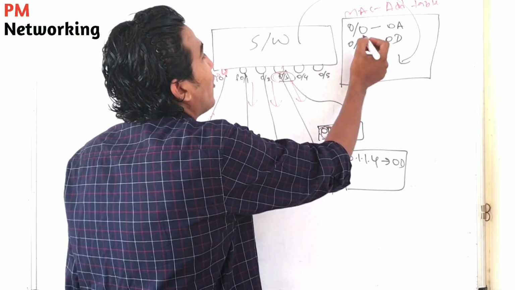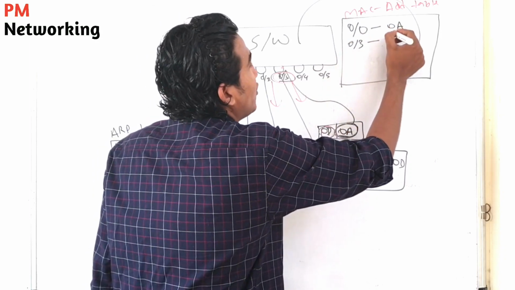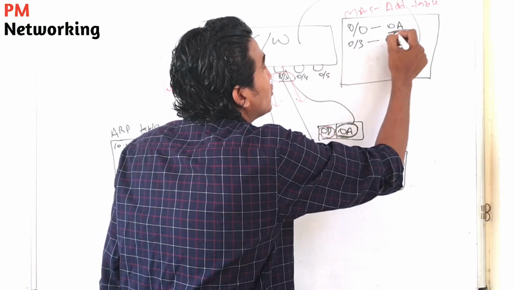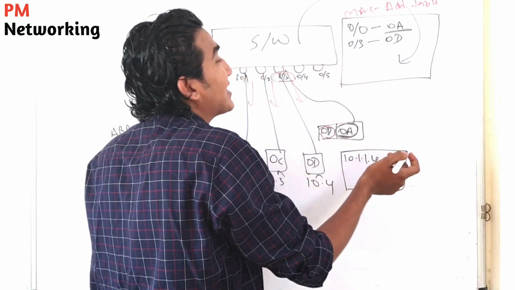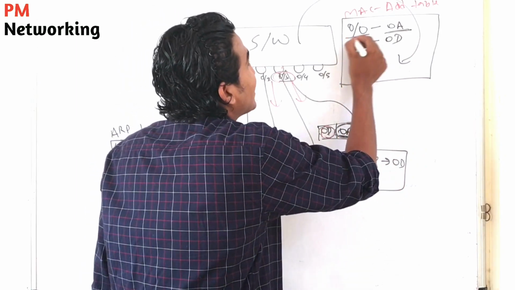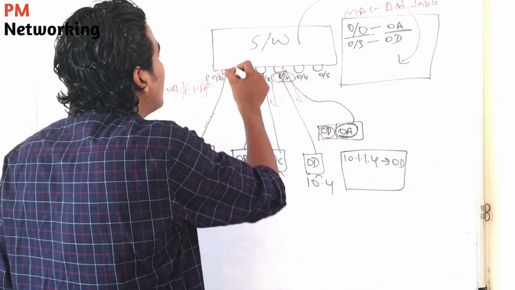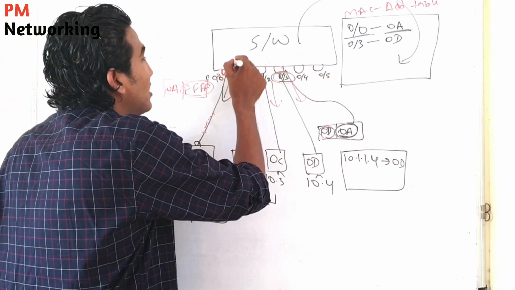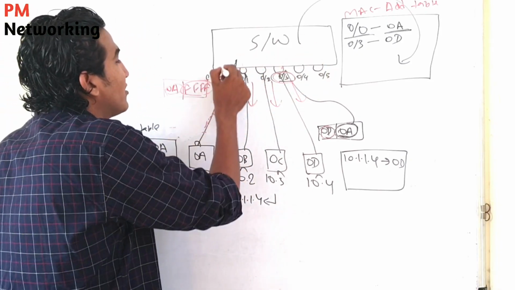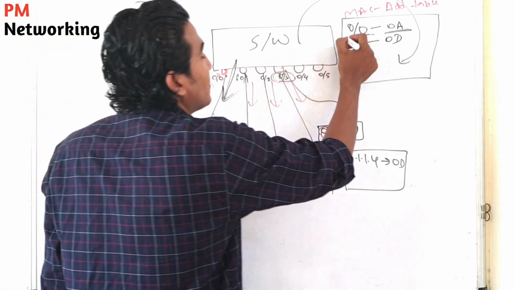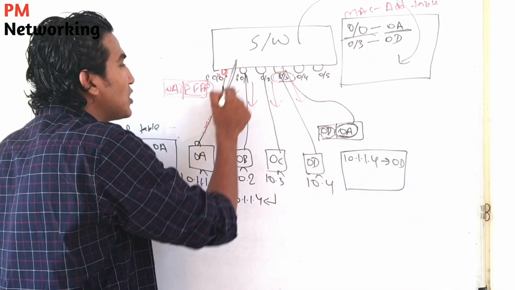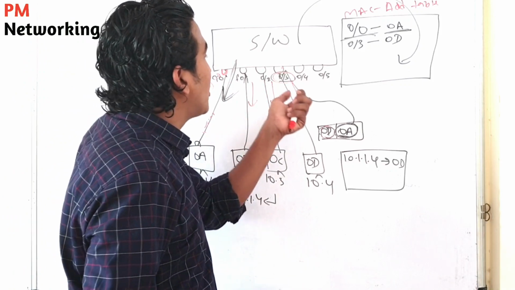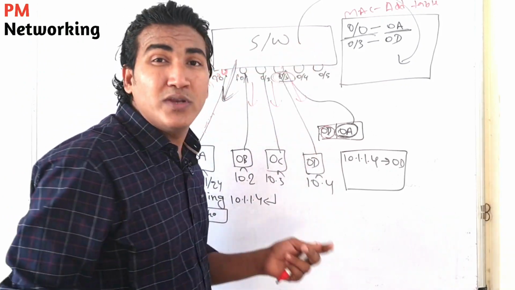So now the switch will find that a device whose MAC address is 0A is connected to which interface? At 0/0. So the switch will forward this traffic out of interface 0/0.